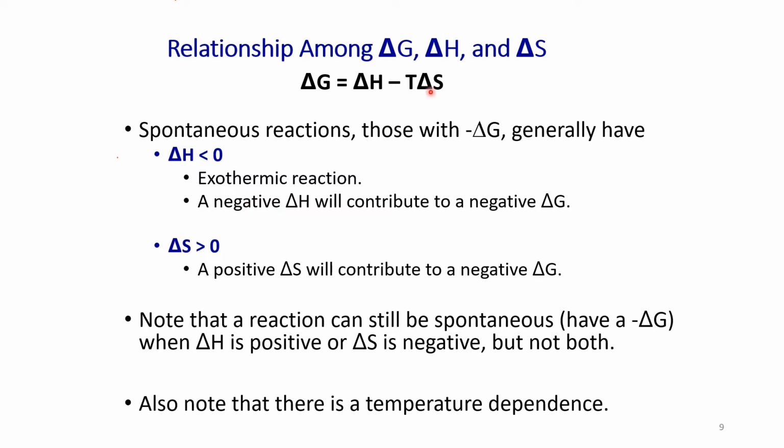However, now we have the whole equation here, minus T delta S. We know it's not the whole story because you need a positive delta S. So now you have an interaction between these two things to see which one wins to give you an overall negative delta G. And we'll practice calculating some of that in class to get you used to checking. Also do remember that temperature matters now on the delta S side, but not on the delta H part.